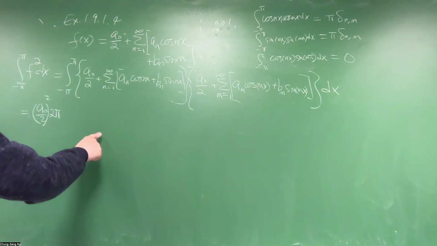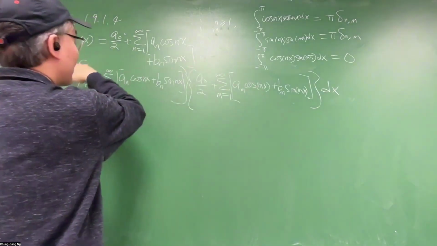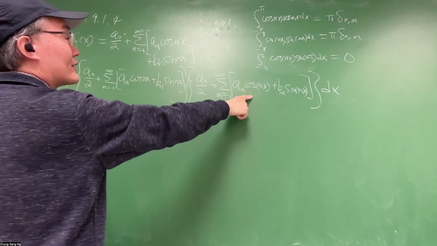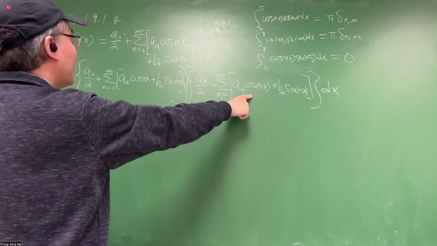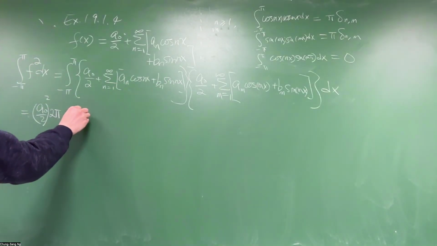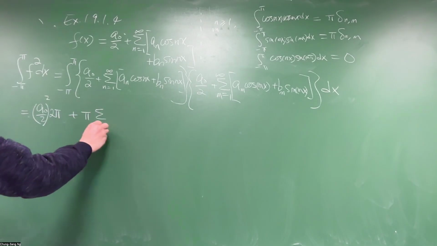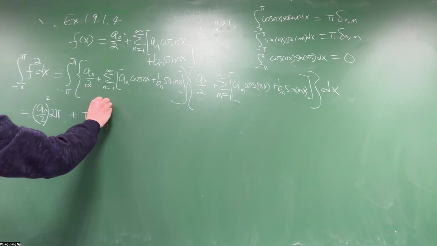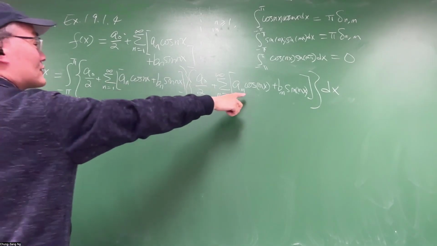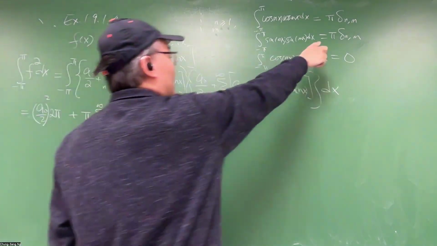Now you use those, then all these times this integrate, and you pick up only n equals m and it has a pi, and in that case you have a n. So everything has a pi plus sum over. So only when n equals m, when they are the same, you get this one.